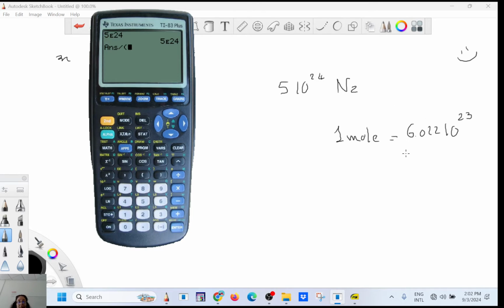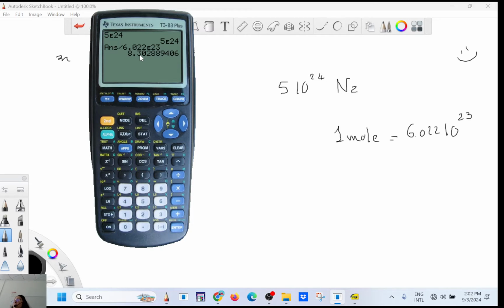So you divide by, you don't need parentheses here, 6.022 times 10 to the 23, okay? A mistake again, 23. Is that right? And it's about 8 moles. Do you agree with me?